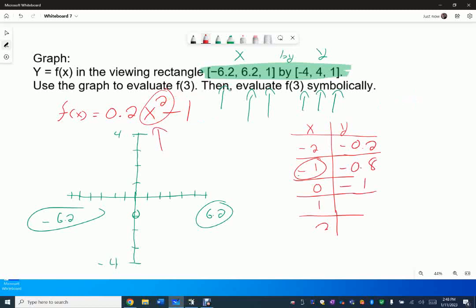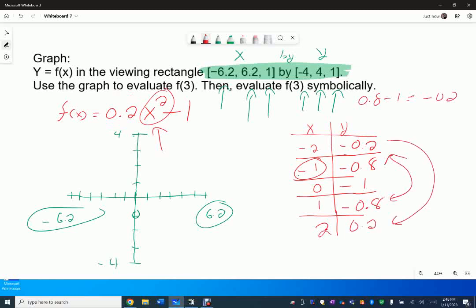Plug in positive 1 for x: 1 times 1 is 1, times 0.2 is 0.2, minus 1 is negative 0.8. Looking familiar? And I'm going to plug in positive 2: 2 squared is 4, times 0.2 is 0.8, minus 1 is negative 0.2. Again, looking the same.